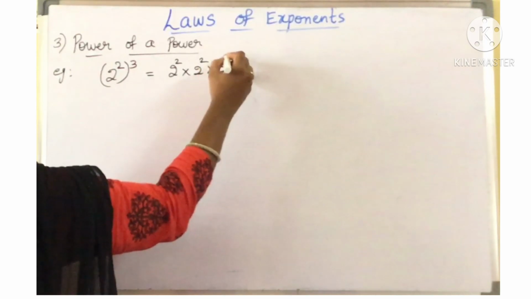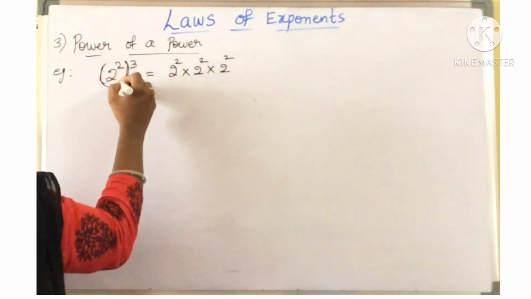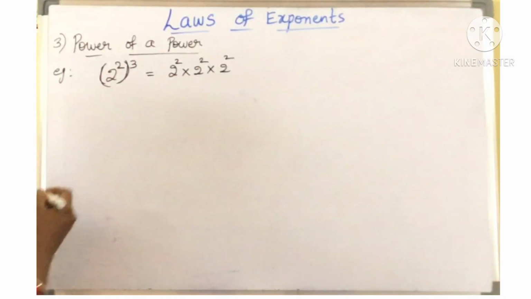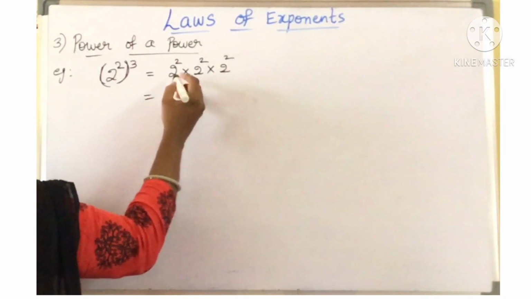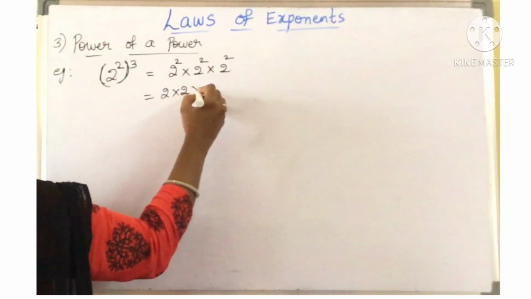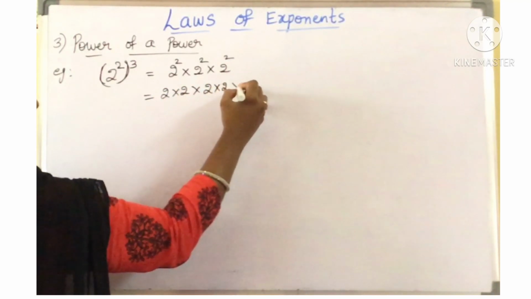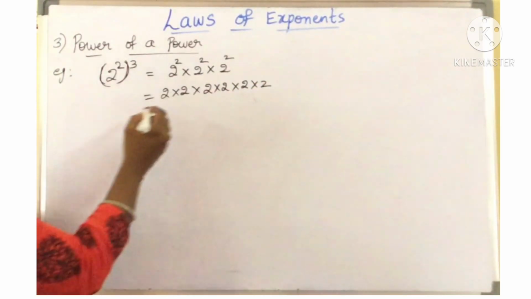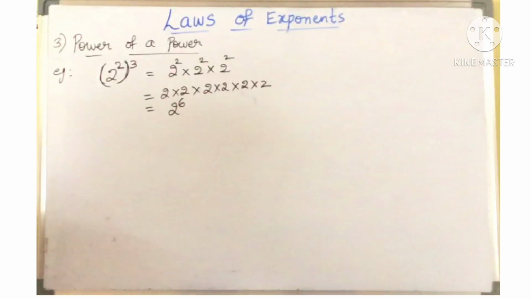Can I do like that? Because the whole to the power of 3 is there. So 2 square into 2 square into 2 square. Now can I apply here 2 into 2, 2 square, and 2 into 2 and 2 into 2. So how many times did you get, children, here? 2 to the power of 6.